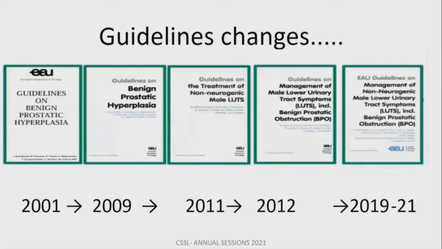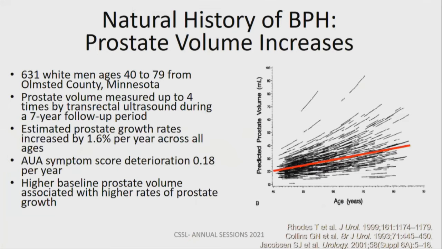Due to this, the guidelines also changed. They started with treatment for benign prostate hyperplasia, but now they talk about management of non-neurogenic male lower urinary tract symptoms, including benign prostate obstruction. So we have to treat the patient's symptoms and the bother rather than the prostate enlargement itself.